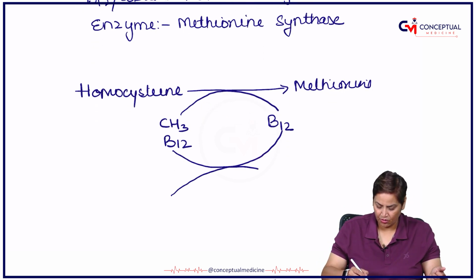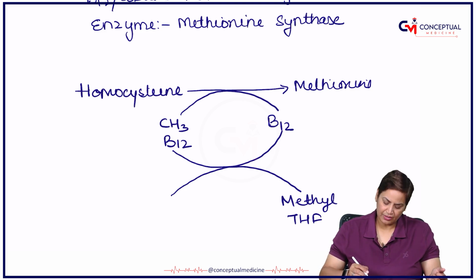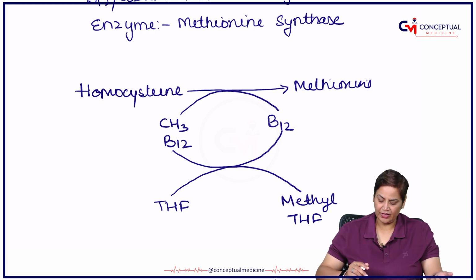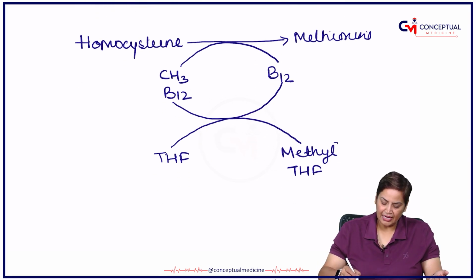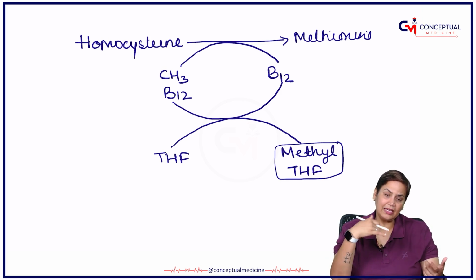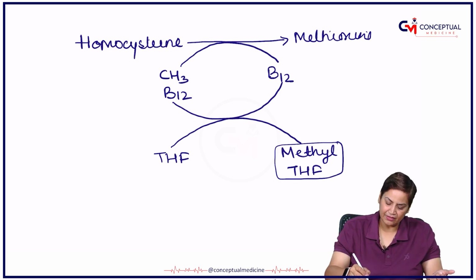It is coming from methyl THF, which will be converted into THF like this. So this is how the reaction is going on, where you can see that methyl THF is giving the methyl group to B12, and this B12 will give the methyl group to homocysteine so that it can be converted into methionine.